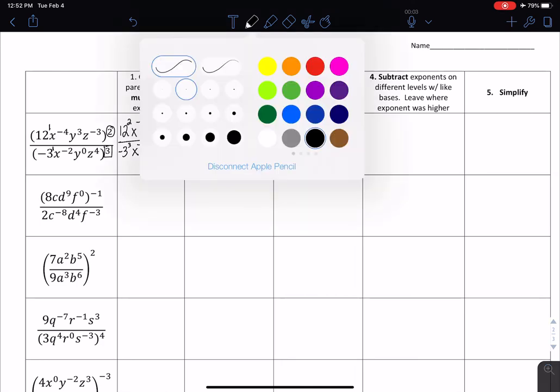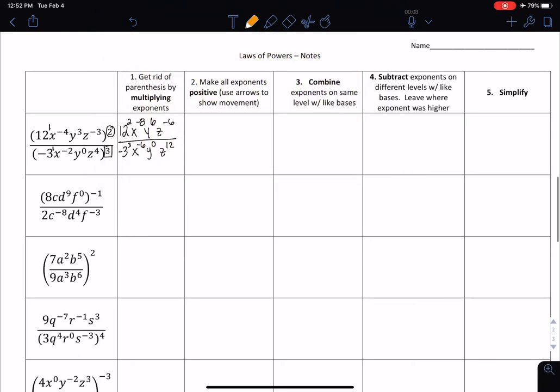Okay, so then step 2 is make sure that all our exponents are positive. Okay, the coefficients, like -3, can be negative, but my exponents have to be positive. So I'm going to start with the top. This X is going to move down to make it positive.